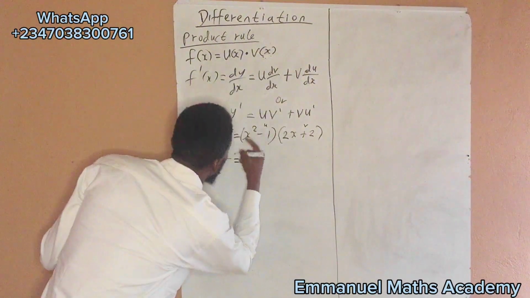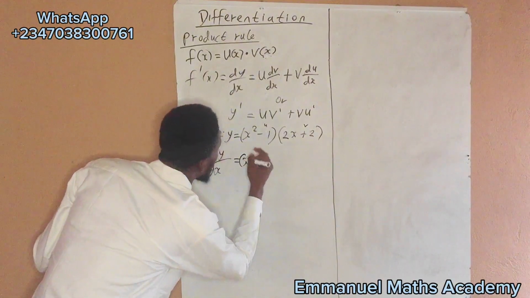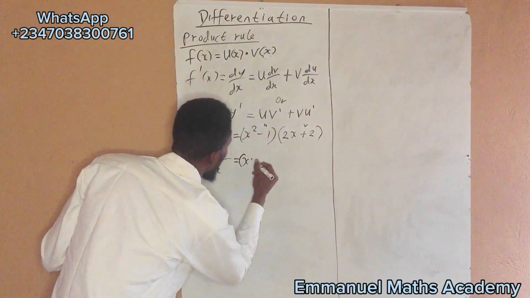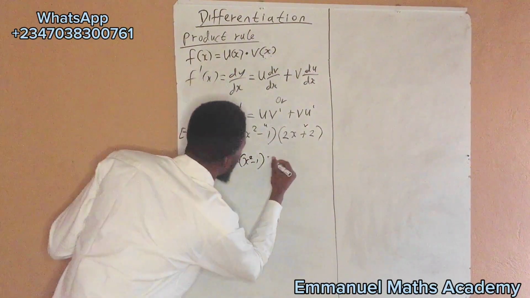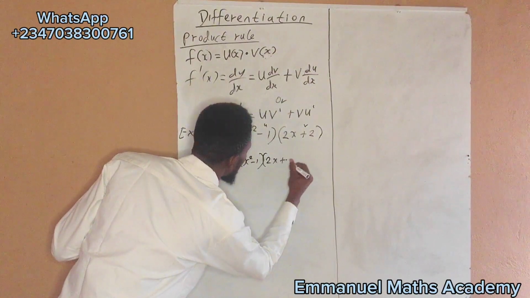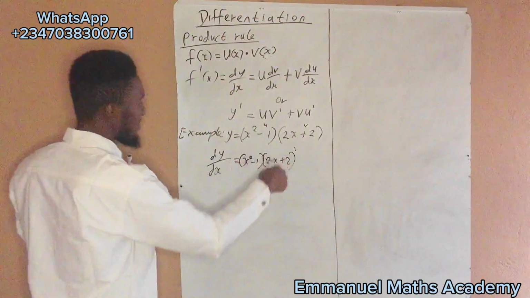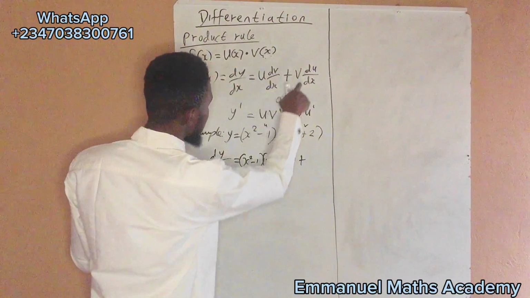Now, this is equal to, from the definition, keep u, you write out u, then differentiate v with respect to x, 2x plus 2 prime, that's the differentiation, plus you keep v.